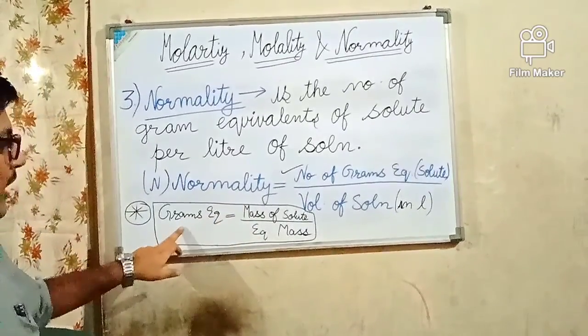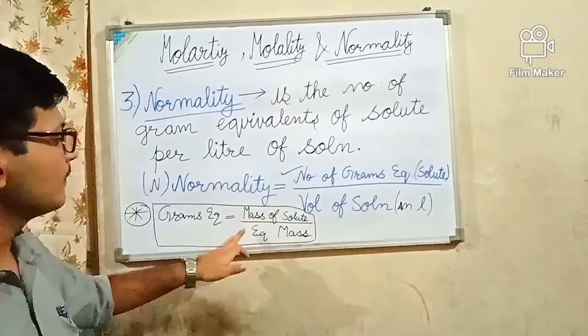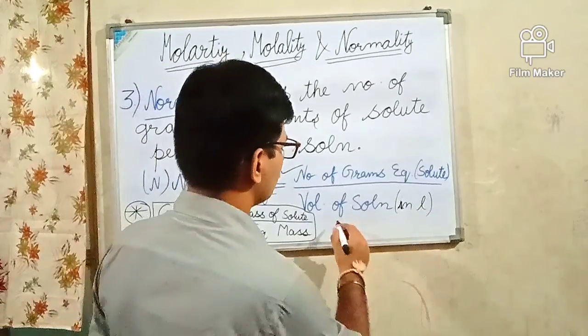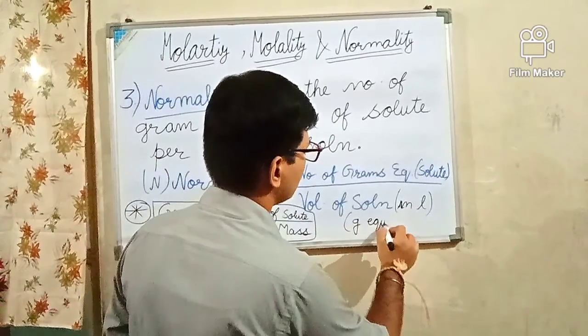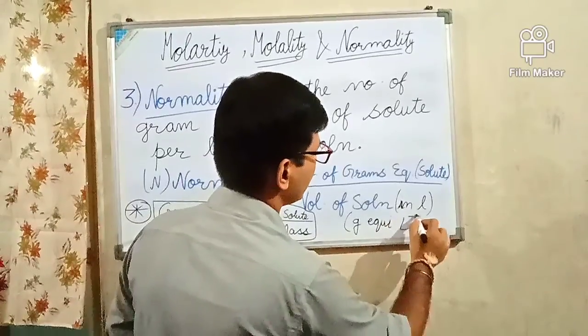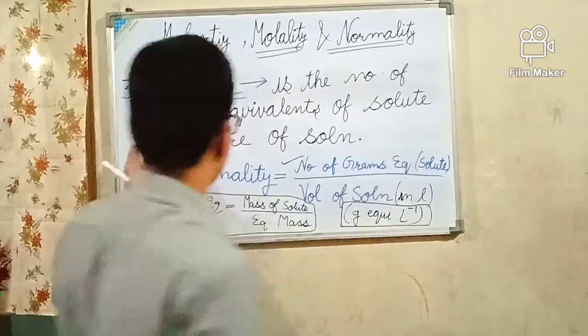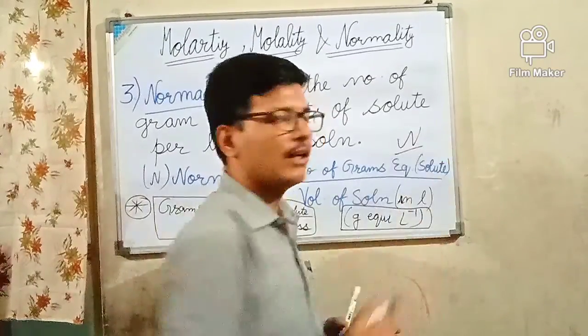Here in gram equivalent, we use mass of solute in the numerator, same, but in the denominator it is equivalent mass. Its units are gram equivalent per liter. These are the units of normality, but it is simply written as capital N.